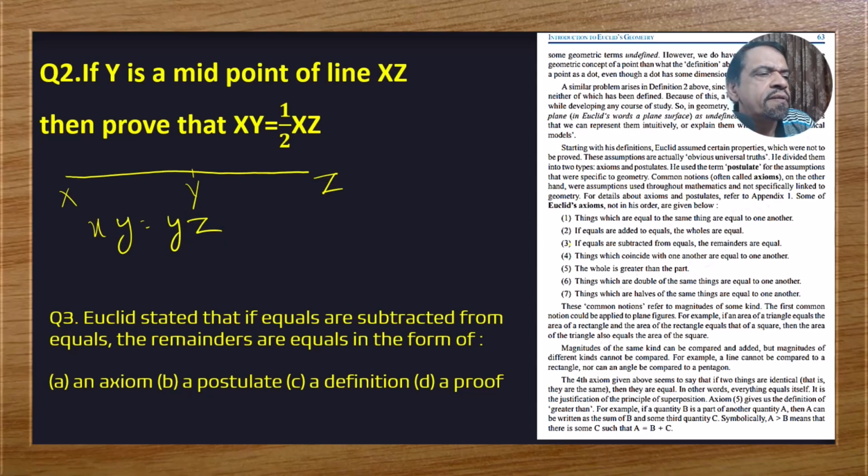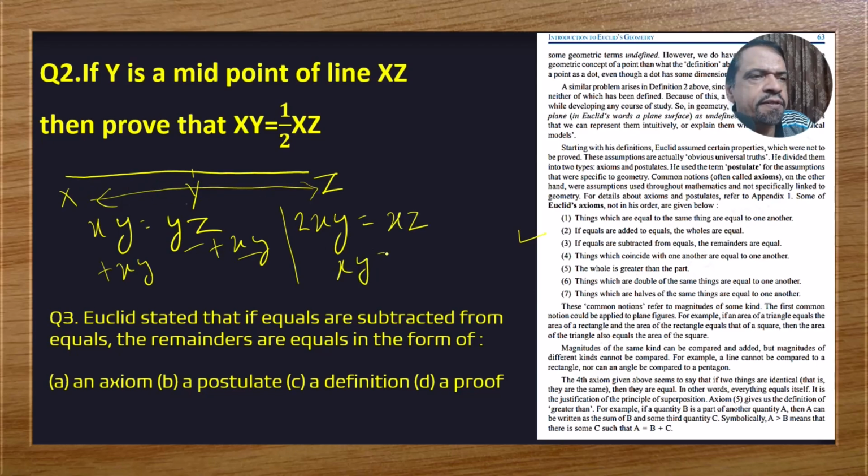Now see this one. This is the second axiom: if equals are added to equals, the wholes are equal. You can see this second axiom. If equals are added, in equals I am adding XY and XY on both sides according to the second axiom. So XY plus XY will be 2XY, and YZ plus YZ, and this XY plus YZ is a total XZ.